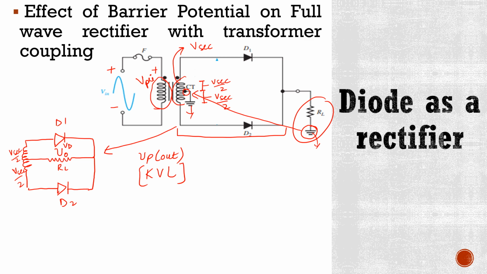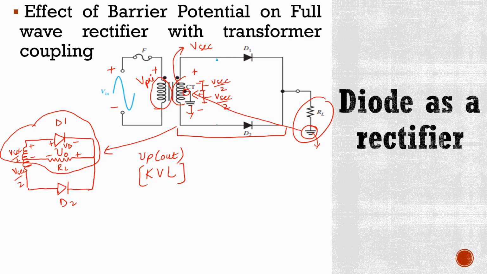So this terminal of the secondary voltage of this half is positive, this is negative, again this is positive and this is negative. It means this terminal of the diode is positive, this is negative. So we apply KVL in this first half of the simplified circuit.